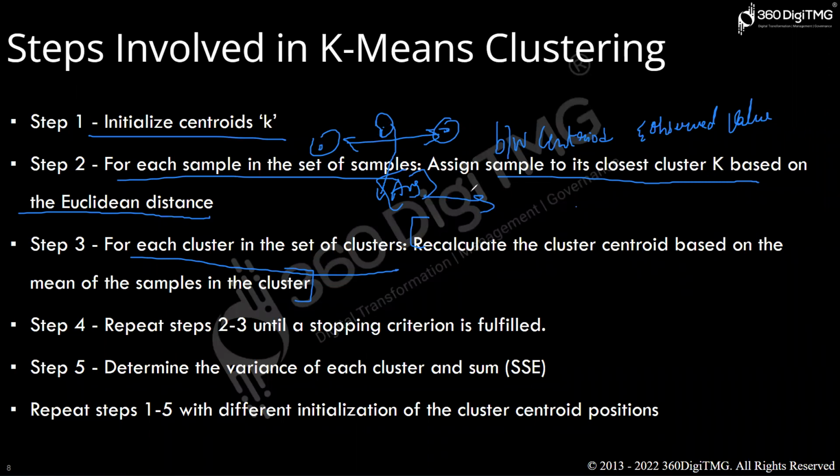So as we have seen the different types of data sets and the important topics, we'll move on now. What is the fourth step? We're going to repeat steps 2 and 3 until the stopping criteria is fulfilled.